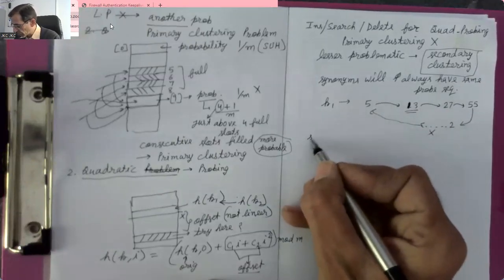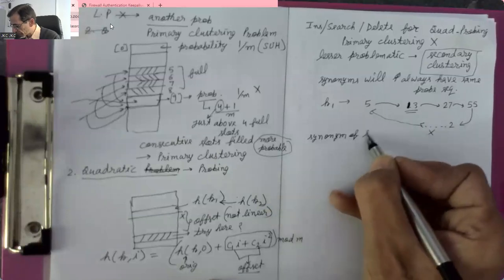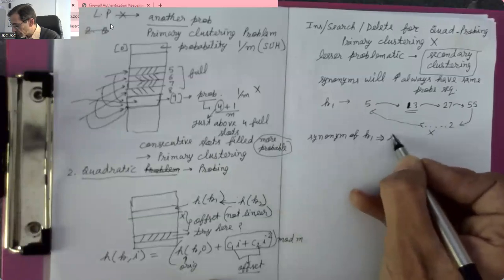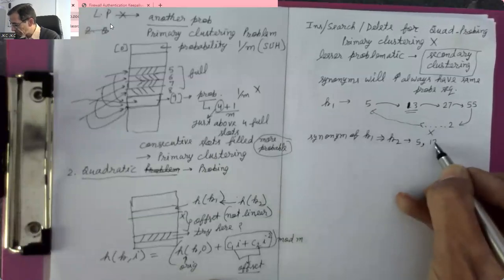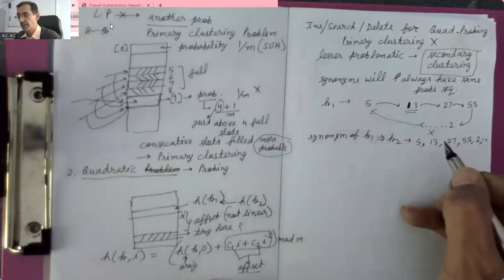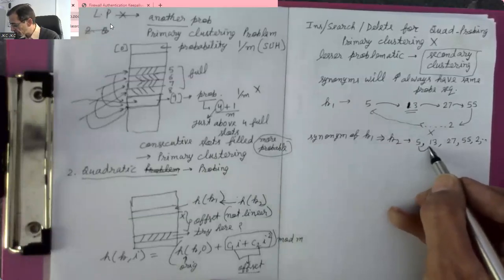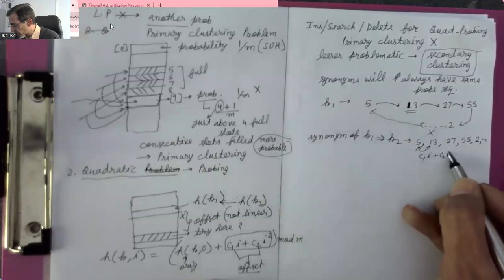But a synonym of K1, let's say K2, will also have the same sequence: 5, followed by 13, followed by 27, followed by 55, followed by 2, and so on. And why? Because this offset was directly dependent on C1i plus C2i square.